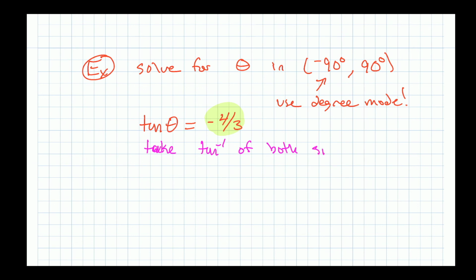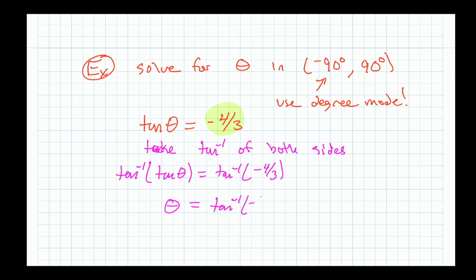I don't have to rearrange, because for tangent we can do sine, cosine, and tangent inverse. We can't do the other three. So you have tangent inverse, tangent theta equals tangent inverse -4/3. So this is theta, and this is tangent inverse -4/3, which I'm going to use a calculator for.